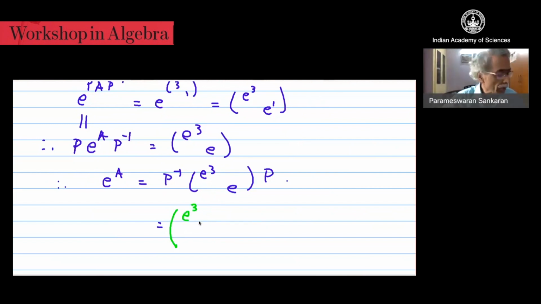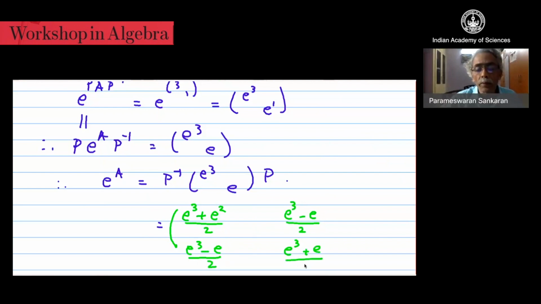This is easy calculation, but no guarantees I have not made a mistake. So e square by 2 and e cube minus e divided by 2, and then e cube. Yes, it should be a symmetric matrix: minus e divided by 2, and then e cube plus e.